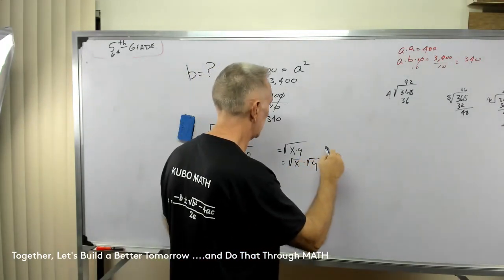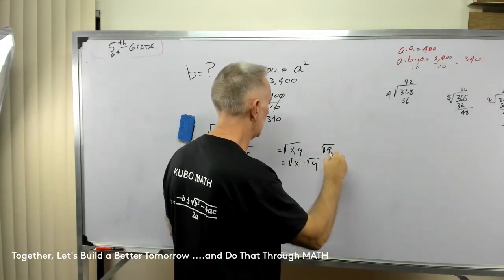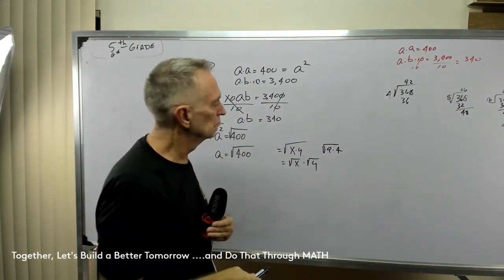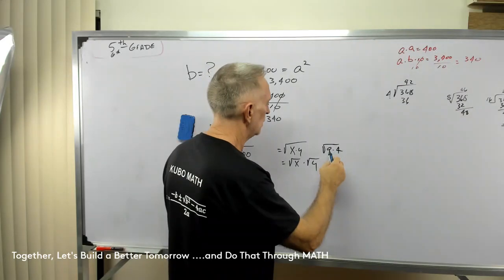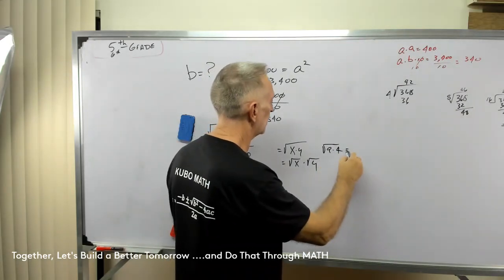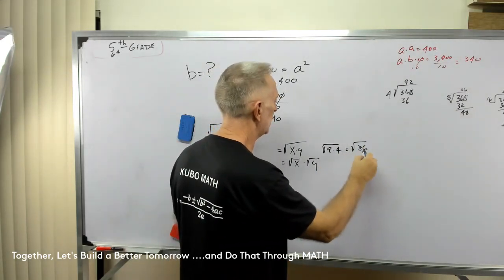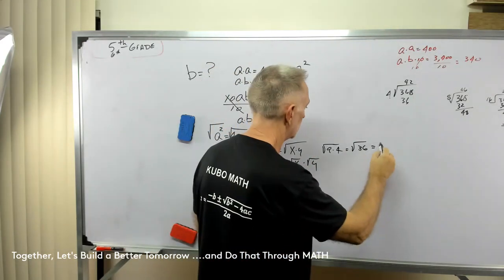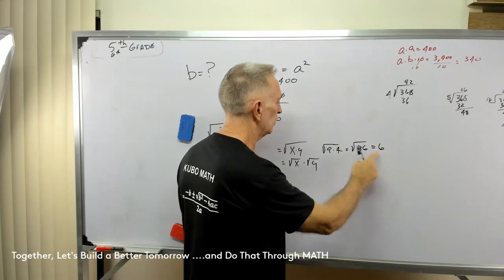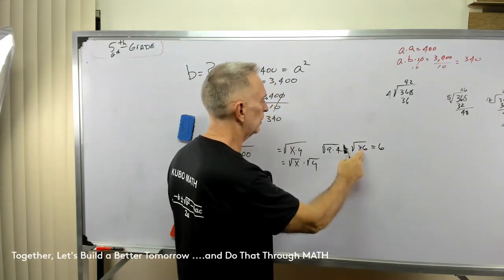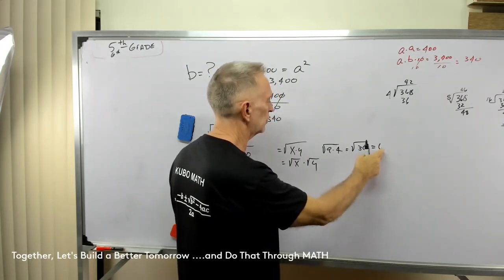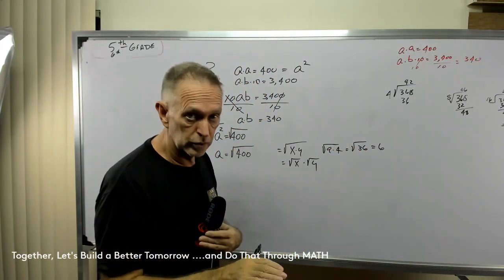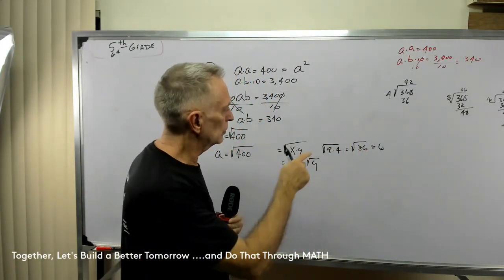Let's say I have the square root of 9 times 4. Well, 9 times 4 equals 36. So the square root of 36 is 6. What number times itself gives me 36? Well, it's 6. 6 times 6 is 36.